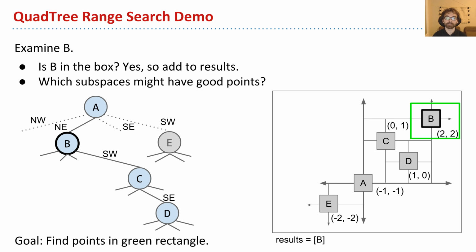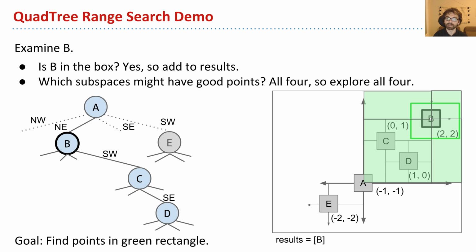In this case, B's 4 subspaces are the top left, top right, bottom left, and bottom right subspace. Now in this case, all 4 contain some space in common with the rectangle, so we need to explore all of them.